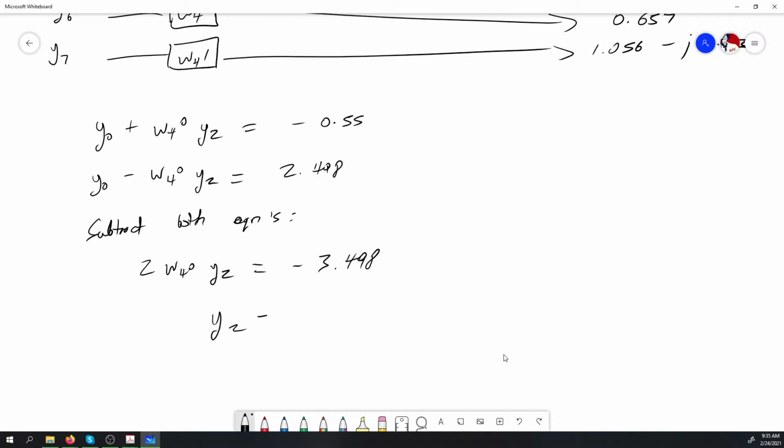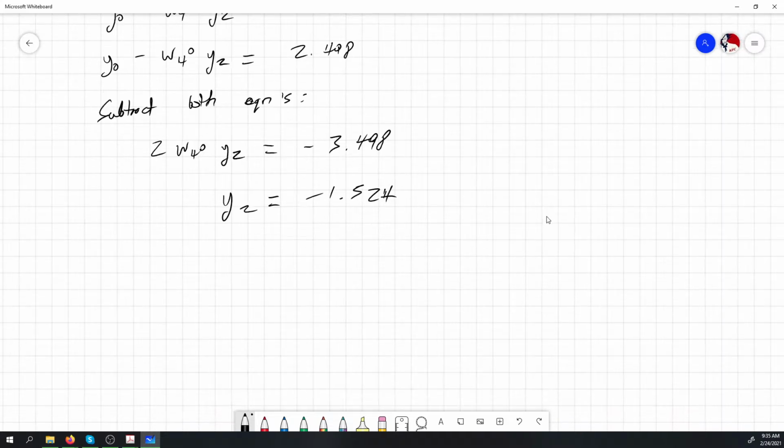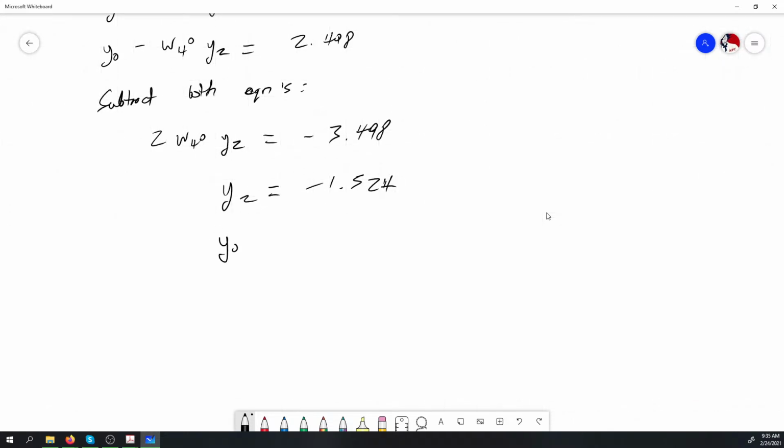So we get y2 here being equal to minus 1.524, because w4 of 0 is just going to be 1 from our twiddle factor equation. And then similarly, we can solve for y0. So y0 is going to be 0.974.